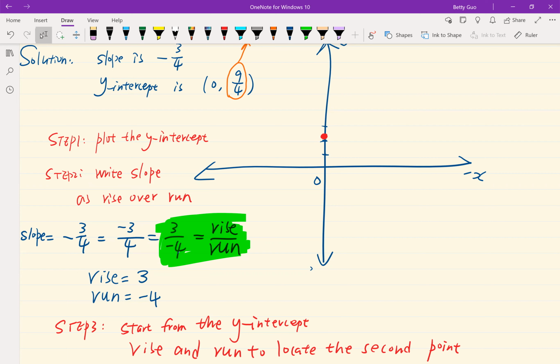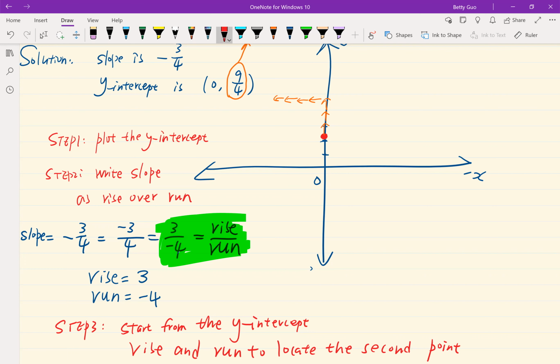Do you see what I'm talking about? Yeah. You start from the Y-intercept. You rise and run. In this case, we're going to rise 3. 1, 2, 3. And run -4. Since the run is negative, you go to the left 4 units. 1, 2, 3, 4.